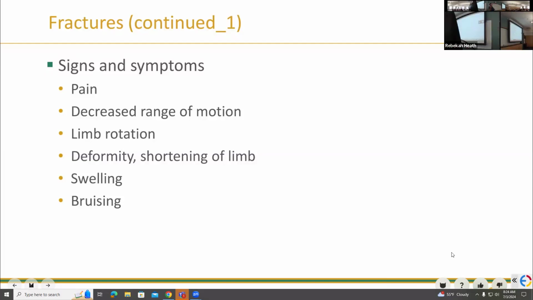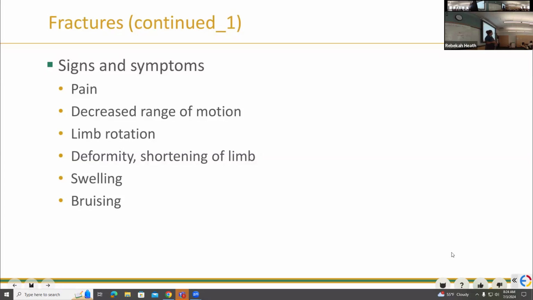Also, deformity, right? It looks funny, or shortening of the limb. To go back to grandma, if I'm looking at her legs and one of them is noticeably shorter than the other, I'm going to be real worried, especially with a high femur fracture, like with her hip, that we've moved that bone up a little bit, right?